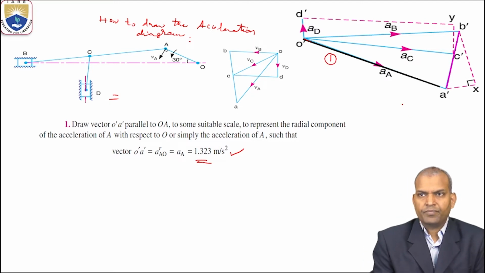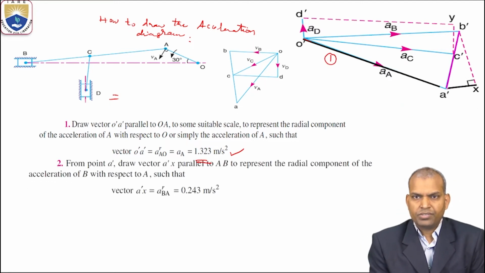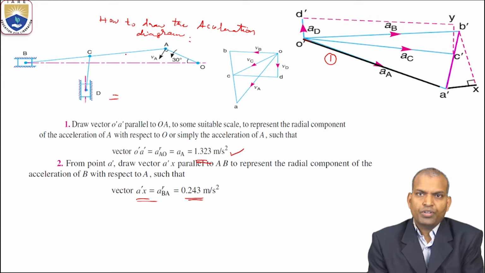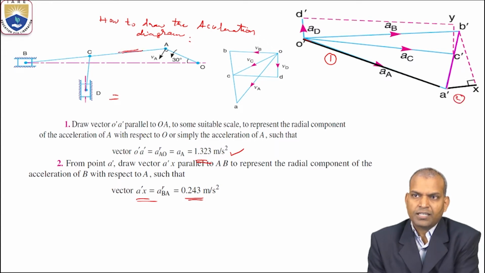Next, the second step. We know the radial components in both magnitude and direction. The radial component of link AB is A dash X, that is 0.243 meter per second square. With this radial direction of link AB, draw a line. That is the second step.